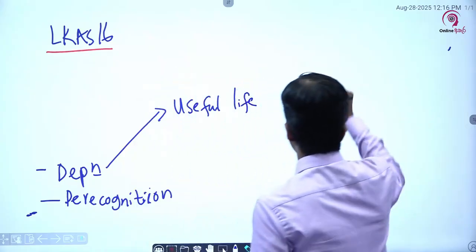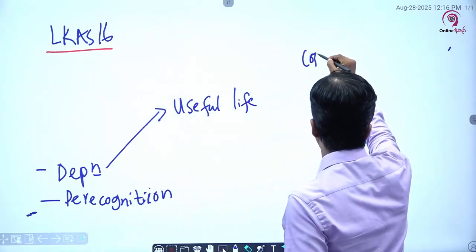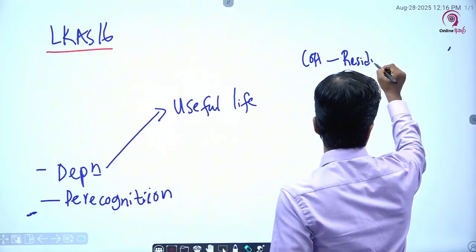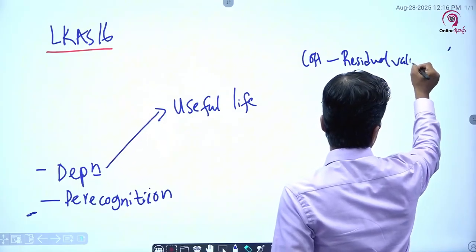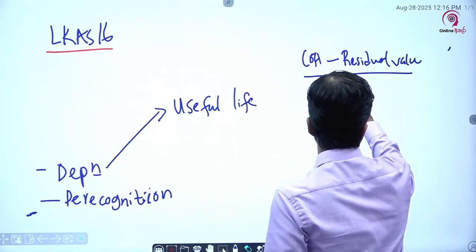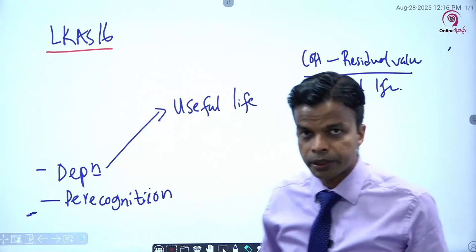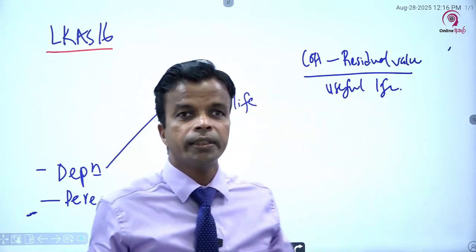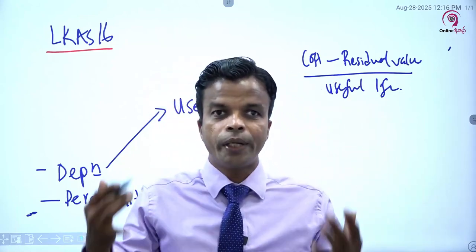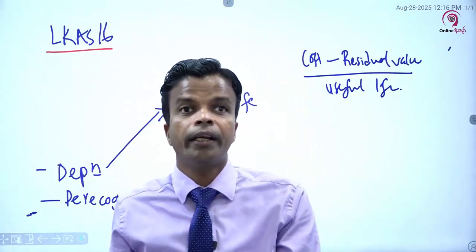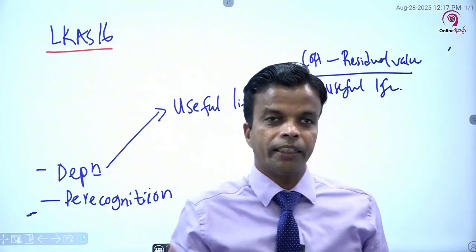So ideally depreciation means you have the cost of the asset minus residual value, and divide by useful life. That is your depreciation. Residual value means the amount that you expect to realize from that asset after the expiration of useful life. That is the residual value.